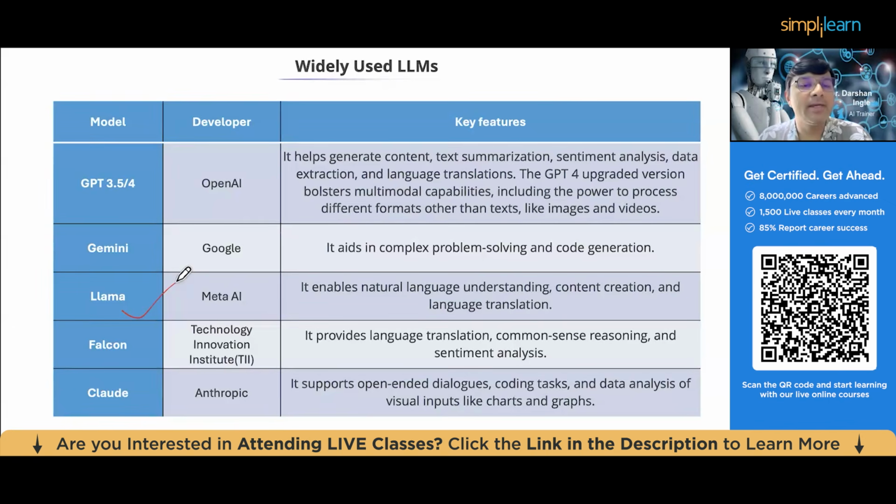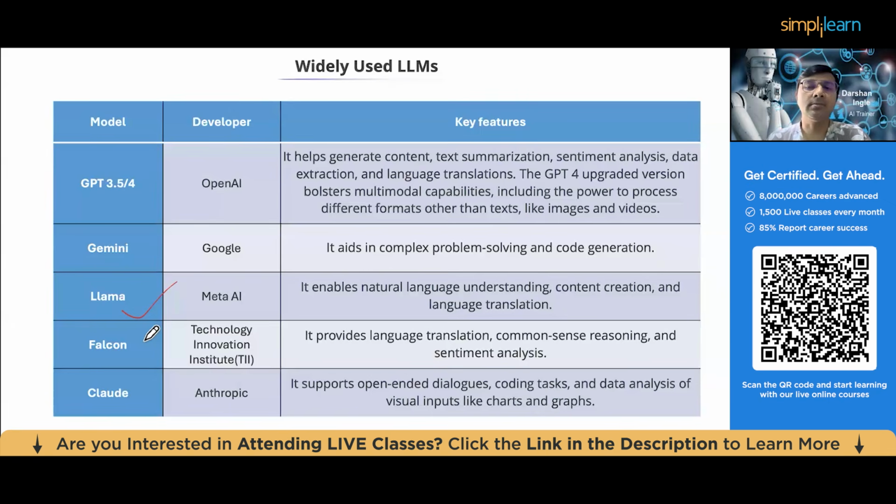The next you have is Falcon. This is basically by the UAE guys. Yes, United Arab Emirates. They are less famous but powerful in academics and research. They excel in translation, reasoning, and sentiment analysis. They're used in multilingual environments where precision in local languages is crucial.